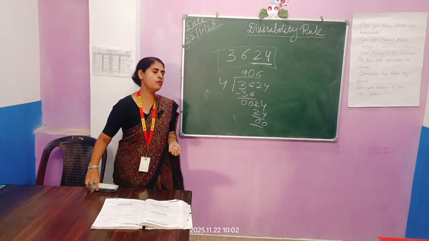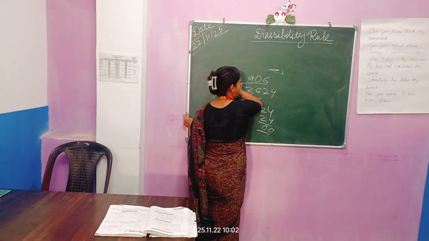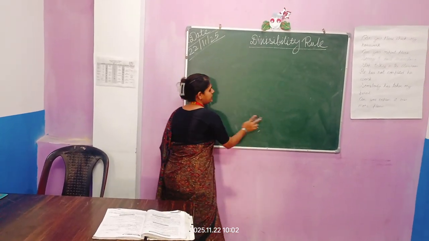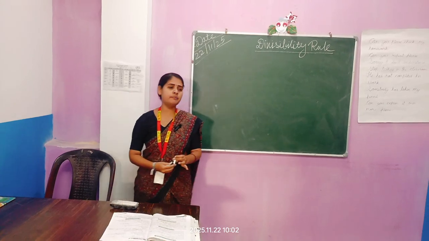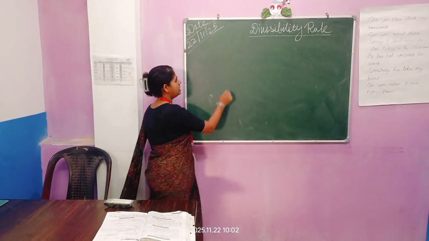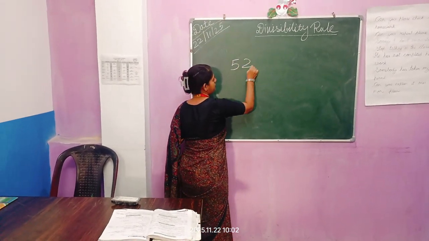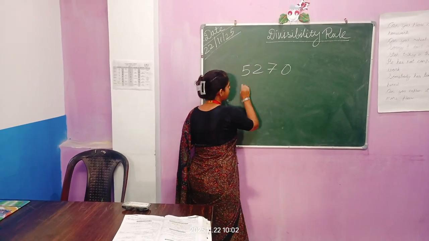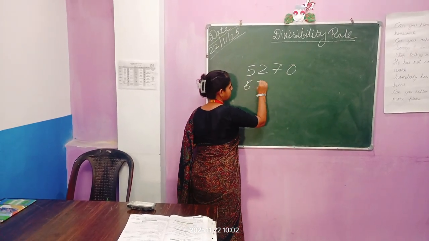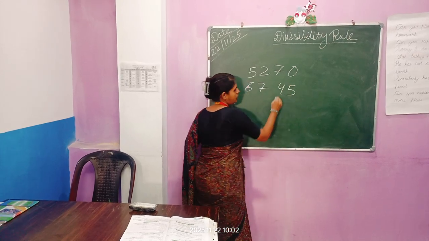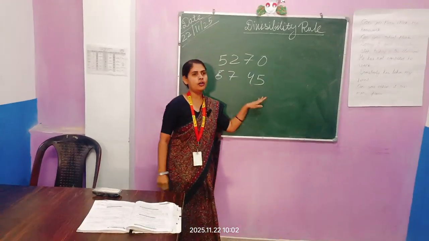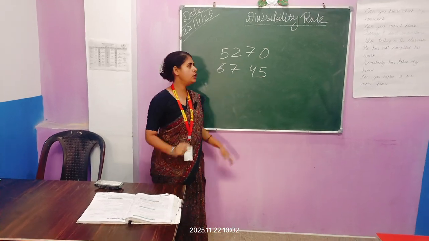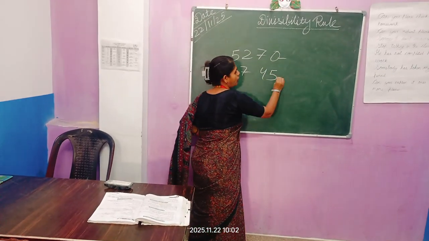Okay. Now move forward to the divisibility rule of 5. The divisibility rule of 5 is very simple. You have to check that on the ones place, or the last position, you get 0 or 5.